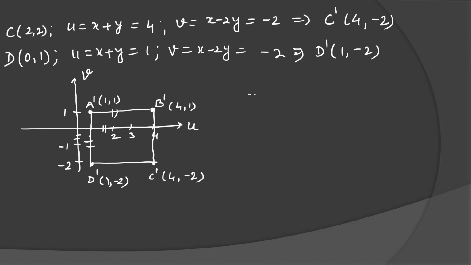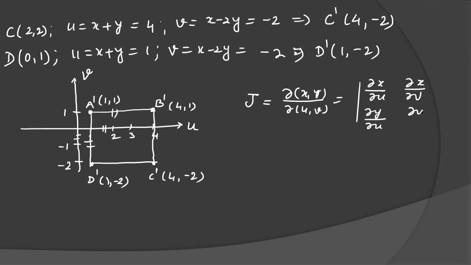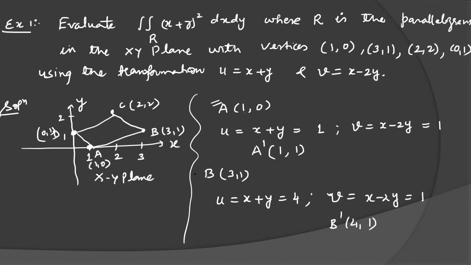So now I am going to find the Jacobian also. Jacobian is del(x, y) over del(u, v). So this will be del x over del u, del x over del v, del y over del u, del y over del v. You can find the Jacobian of uv with respect to xy and take the reciprocal, or another method is you find x and y, because you have x plus y equal to u, x minus 2y equal to v.